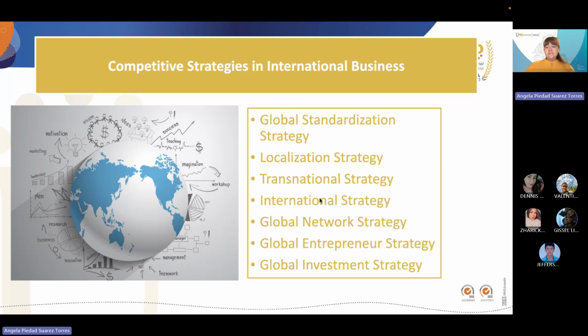The next one is about the global entrepreneur strategy. The global entrepreneur strategy is a proactive approach focusing on identifying and tapping opportunities and unmet customers' needs in foreign markets.